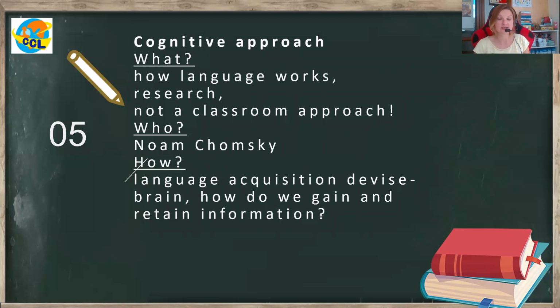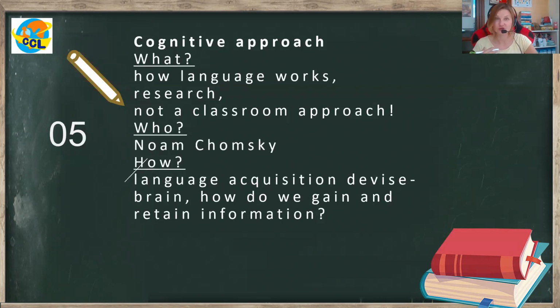So throughout the 1960s, cognitive approach was basically for researchers, for linguists, to understand how the language works. It was about research. Noam Chomsky is the name, right? And it was about understanding how language works, to research and publish, okay? To recognize the unique properties of the human mind, okay?